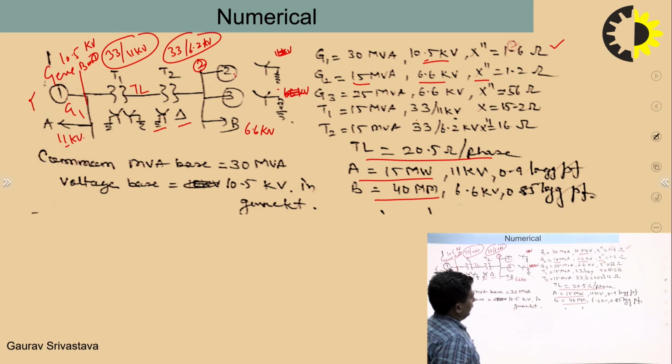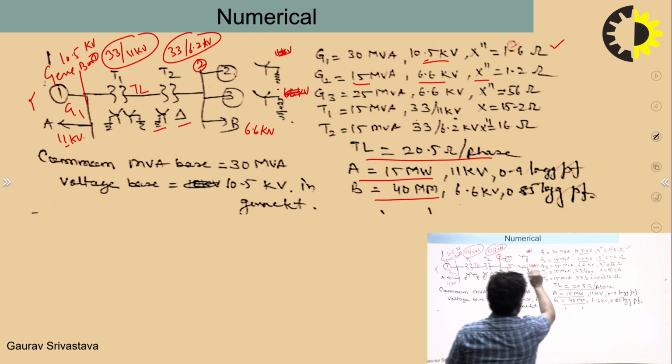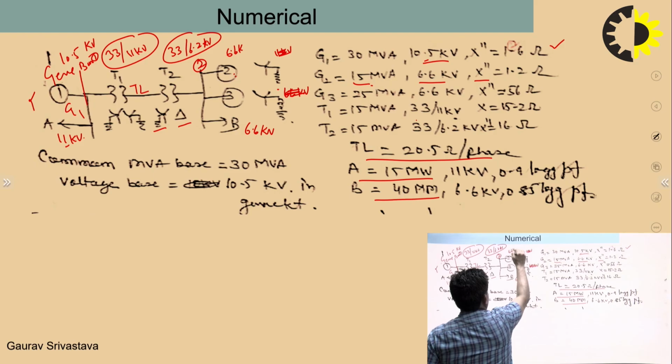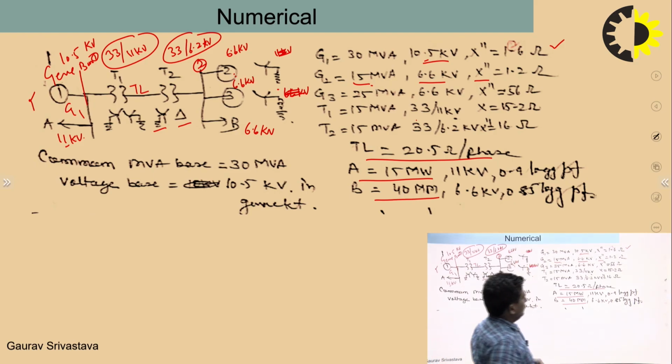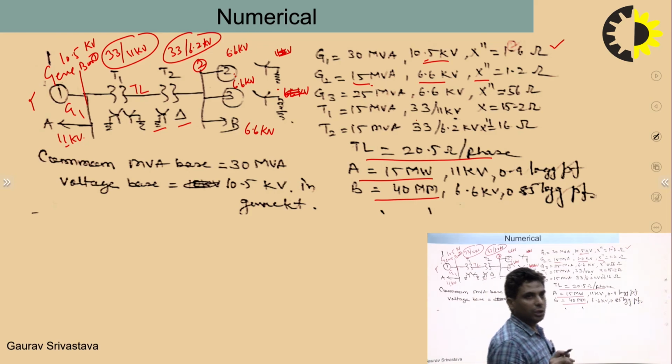The motor 2 and generator 2 connected at bus 2 are at 6.6 kV. In this diagram the voltage levels change continuously from the starting point to the end point.